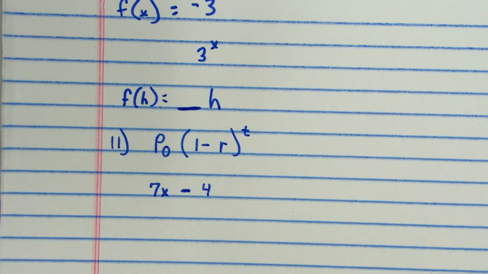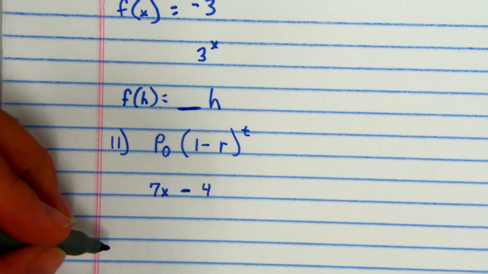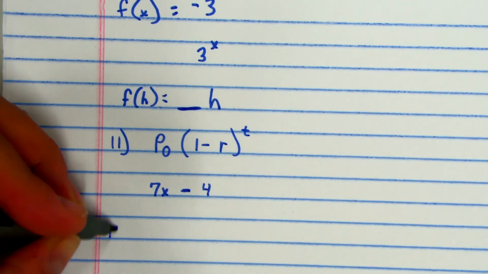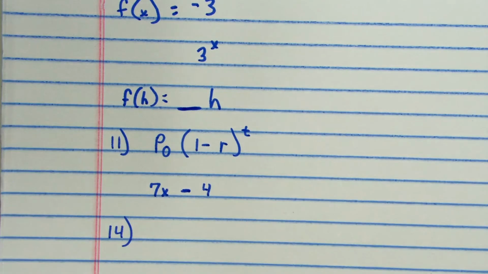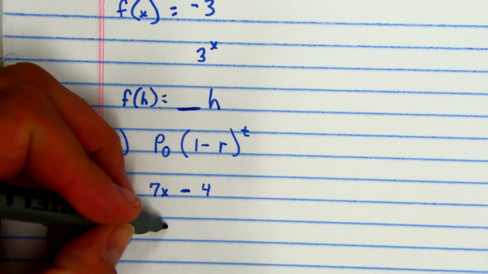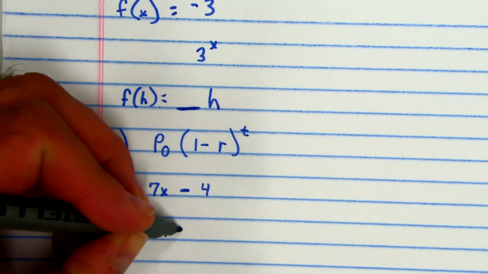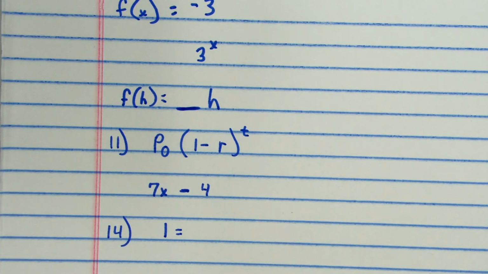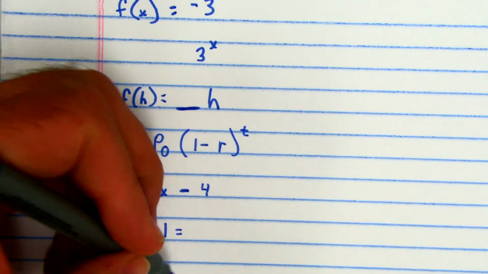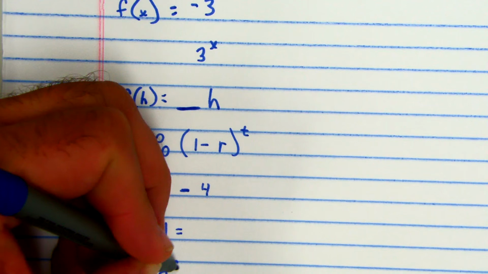Problem 14. The numbers are not growing at a constant rate, which means it's supposed to be exponential. So you can see one of those is automatically crossed off because it doesn't have any exponents. And what's the only way we can get the answer of 1? If we were to raise something to the 0 power.